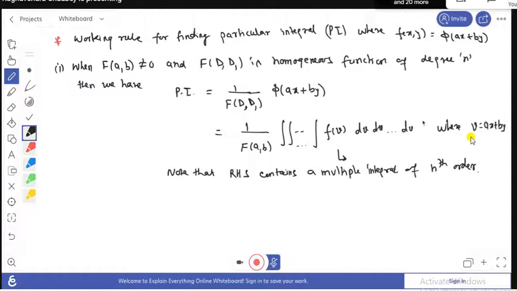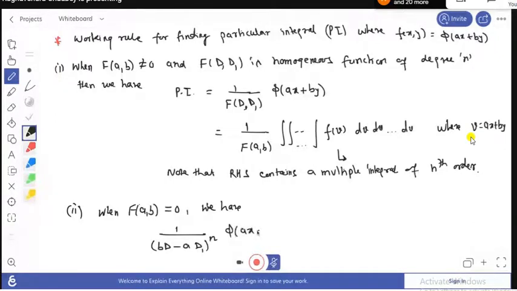Now the second case, when f of (a, b) equals 0. In that case, the particular integral can be written in the form of (bD minus aD1) to the power n, because these are the roots.